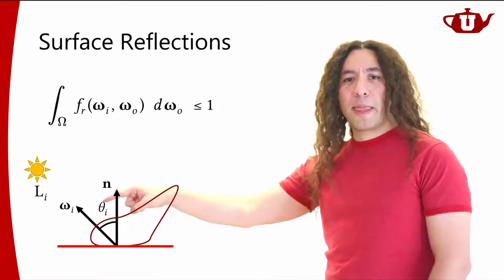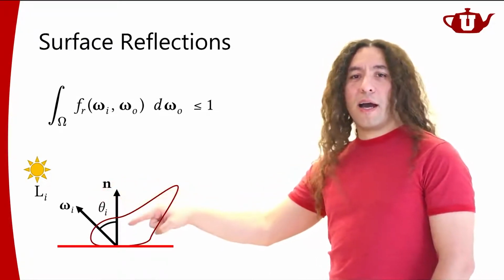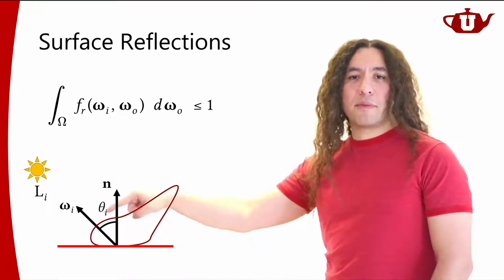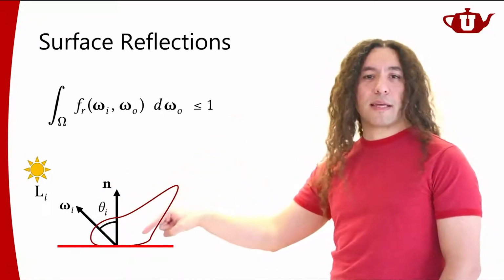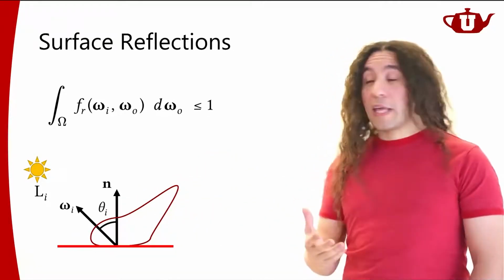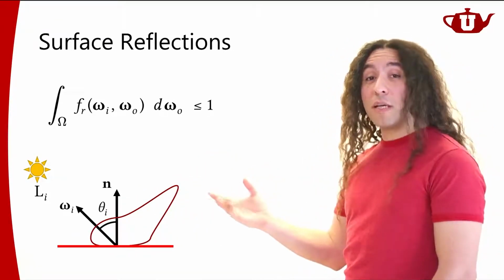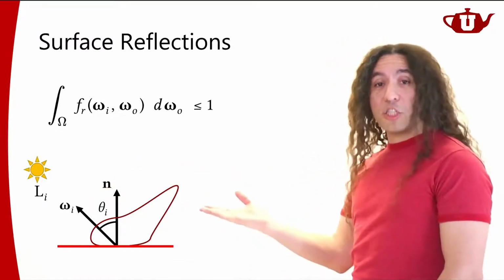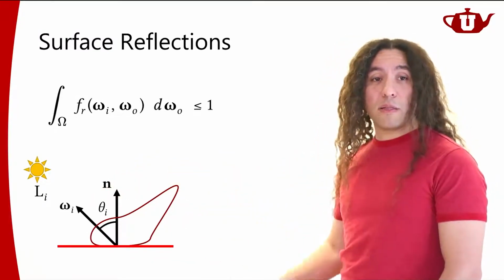For this omega I in this 2D cross section, I am getting the BRDF shape that looks like this. Right? Of course, if I change this incoming light direction, the shape of this function is going to change as well, right?